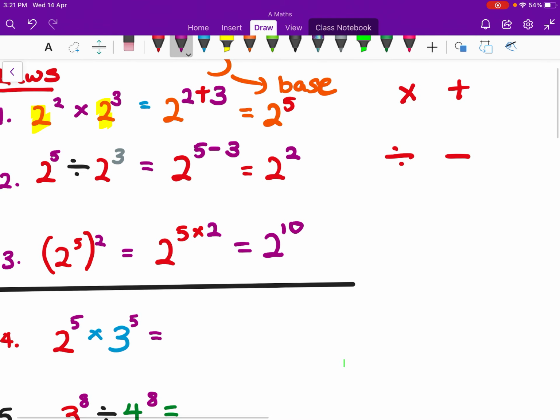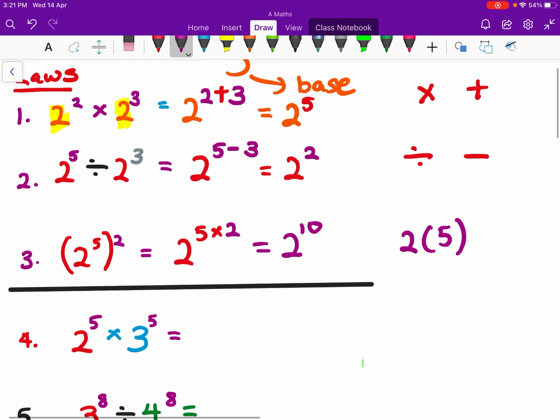Whenever there's a bracket, like 2 times 5, it's implied that 2 is multiplied by 5, so it's 10. Likewise for indices law number 3, there's a bracket, so you just multiply.